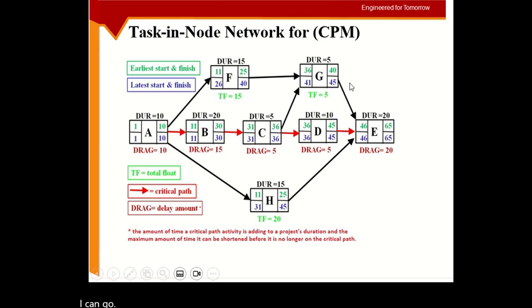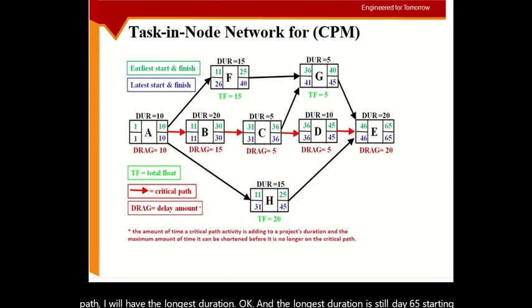So there are four paths possible here, out of which this one is the longest. If I go along this path, I will have the longest duration, which is till day 65, starting from day 1. So the project duration is 65 days based upon the critical path, and we call the longest path the critical path.